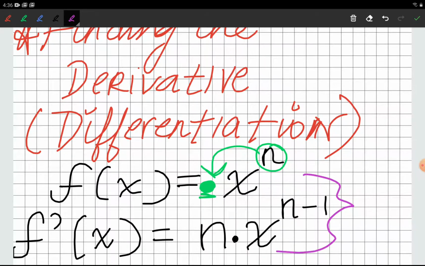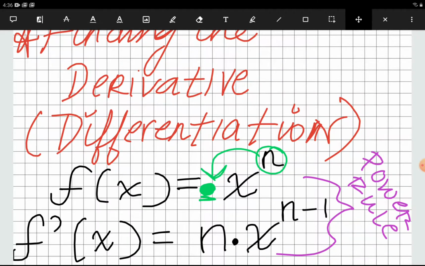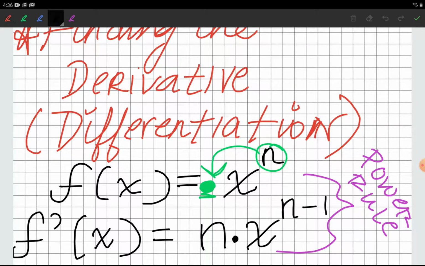There are lots of rules, but I'm only going to focus on the one that will be on the IB exam for you guys. It's called a power rule because it is literally talking about functions that have a power or an exponent.